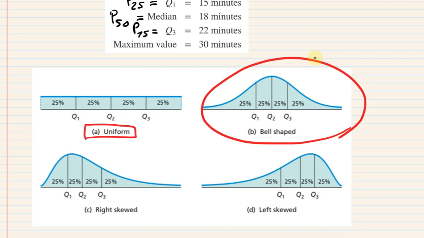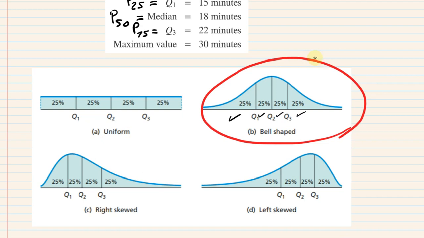Now, this is a uniform distribution in part A. It's uniform because you see that flat line, the flatlining effect here. Each segment holds 25%. These are not box plots; we'll see the box plots for these in a moment. A normal distribution also has 25%, 25%, 25%, 25% here.